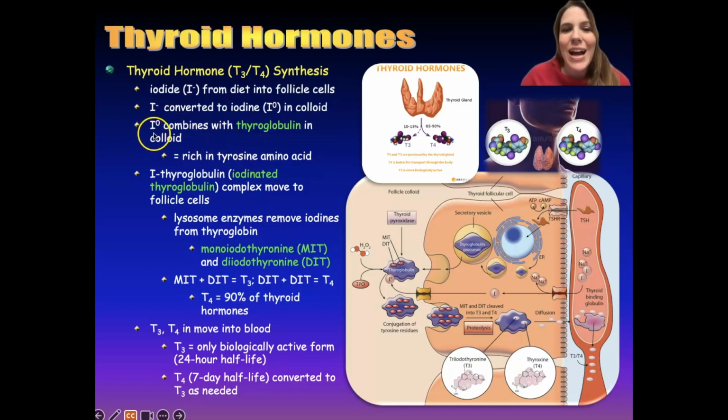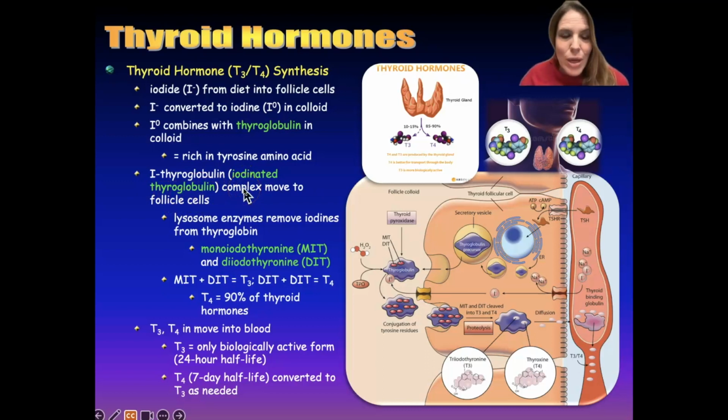So that elemental iodine that we just created in the colloid is going to combine with thyroglobulin protein inside the colloid. And now we got a complex, right? We got a complex that is iodine plus protein plus thyroglobulin. So we can call that I-thyroglobulin or iodinated thyroglobulin. So it's a complex, right?